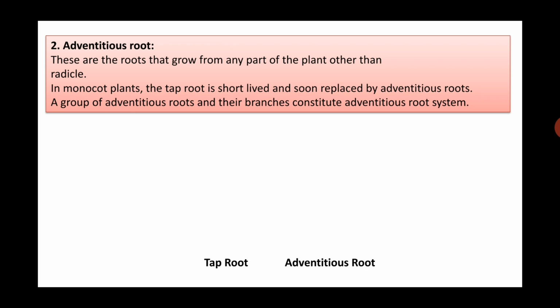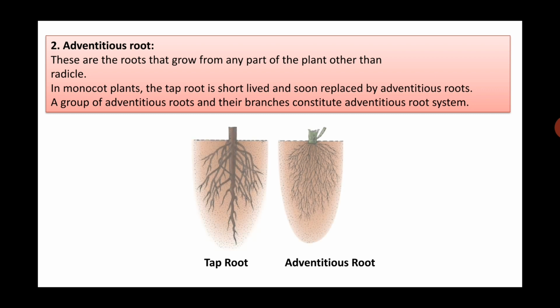Therefore, they are not true roots. In monocot plants, the taproot is short-lived and soon replaced by adventitious roots. A group of adventitious roots and their branches constitute the adventitious root system. So here you can see the taproot, main root and lateral branches, and here these are adventitious or accidental roots.